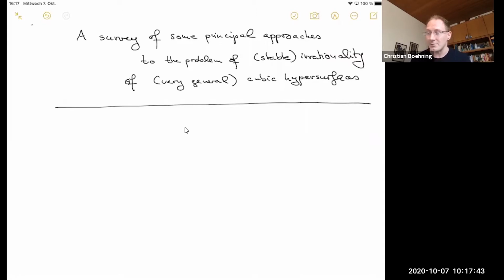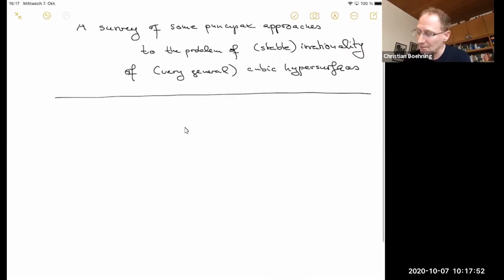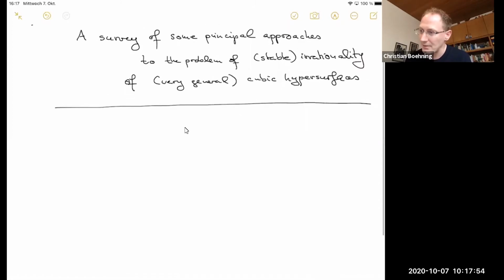I also try to point out open ends and some possible loopholes or places where I still see some leeway to make further progress or to develop that further.